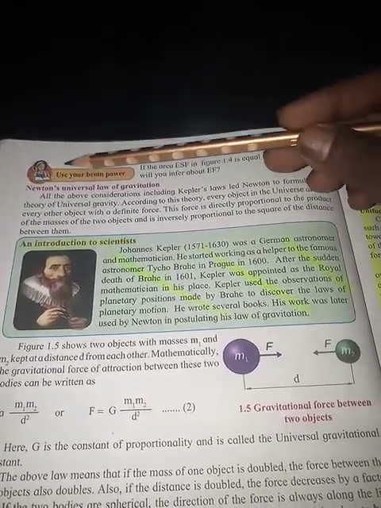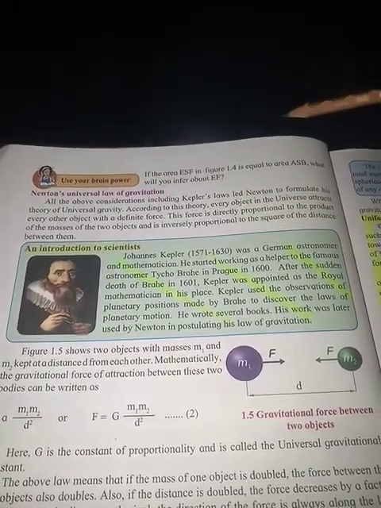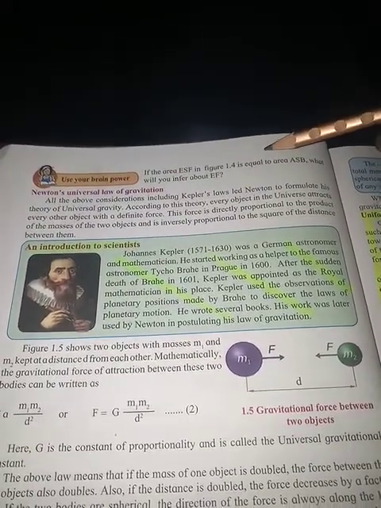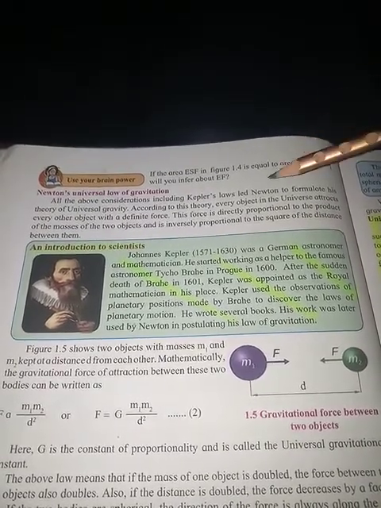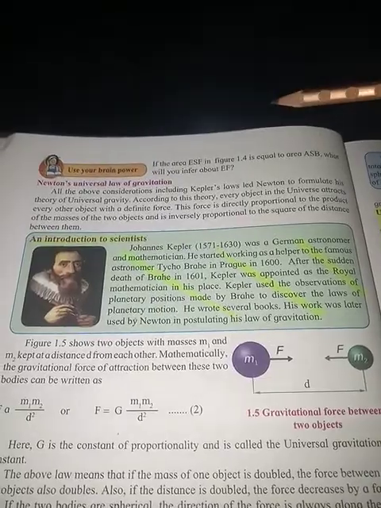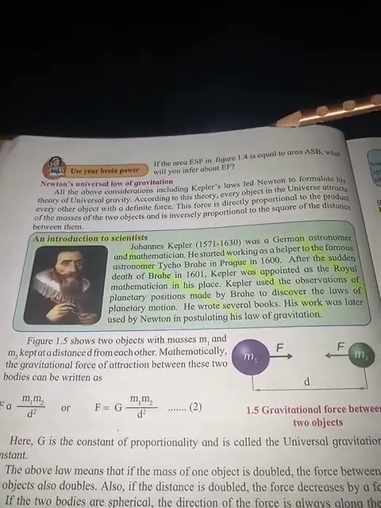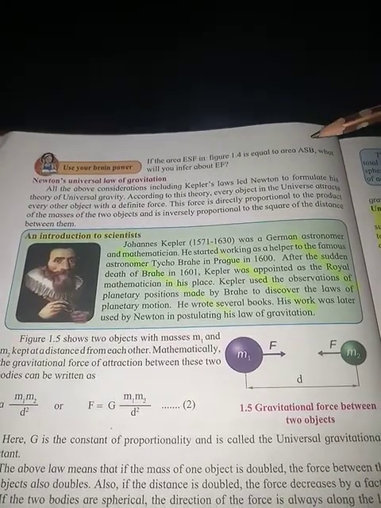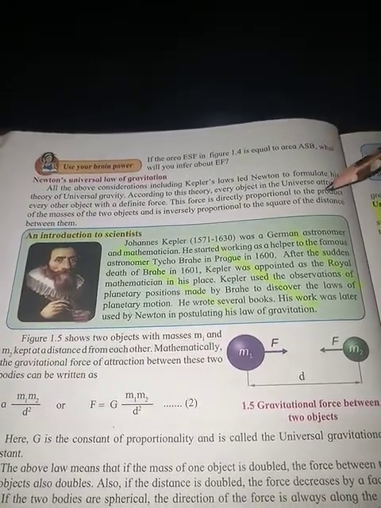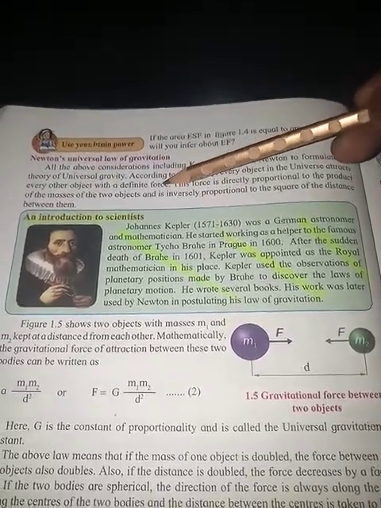See, according to Newton, every object, whether it is the earth, the moon, a tree, a stone, a bat, a building, whatever it is, every object on the earth or in the universe attracts every other object with a definite force.